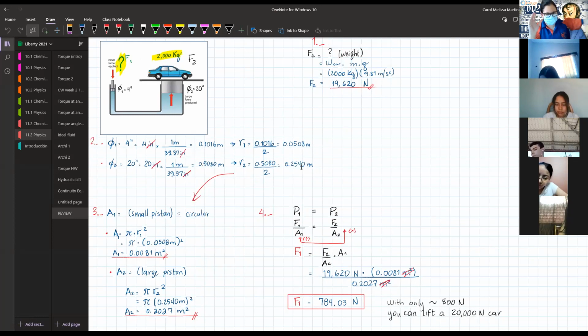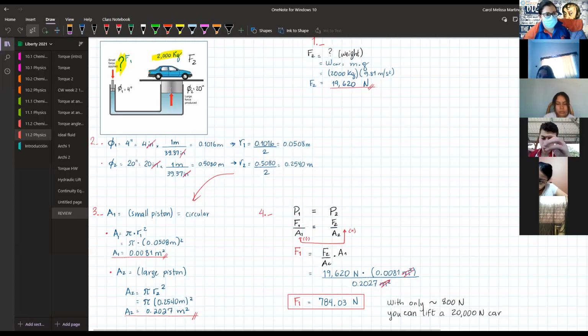With applying almost 800 Newton, you can lift a 20,000 Newton car. I just rounded, okay? Just for you to see the analysis.